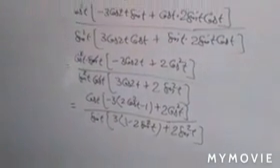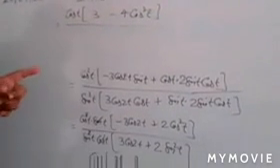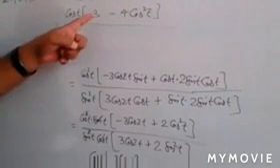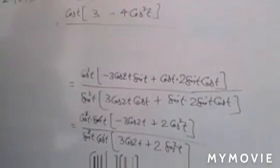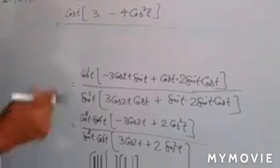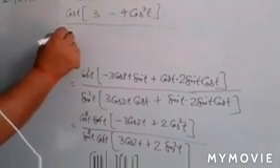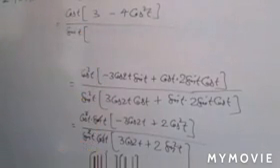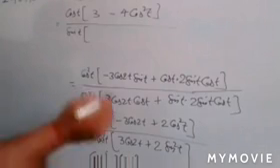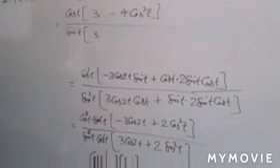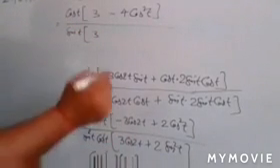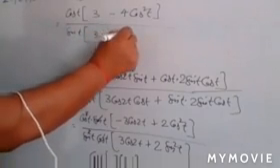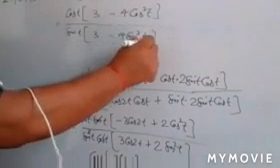Yes, right. So here you write cos t into 3 minus 4 cos square t. In the same way, in the denominator, you write here sin t into, if you multiply here, 3 minus 4 sin square t.